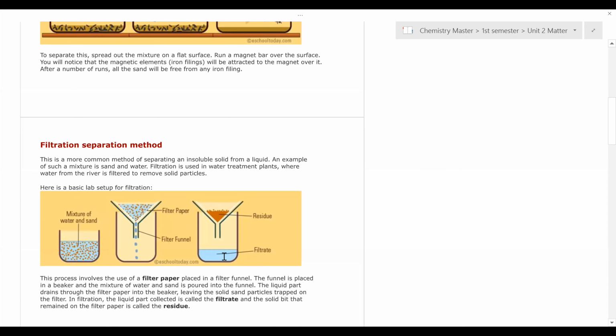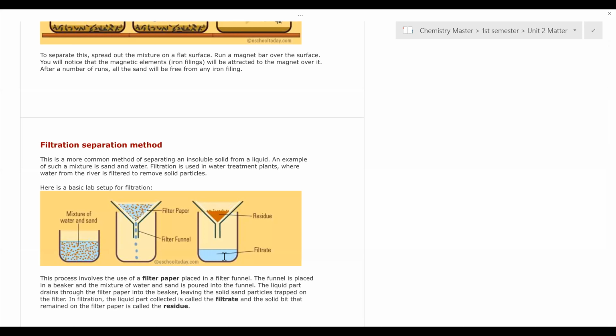Now, let's pretend that this was a mixture of water, sand, and salt. Sand, water, and salt. Where do you think the salt would be? Would it be in the top with the brown stuff or in the bottom with the water? The water. It would be, because salt water is a solution.